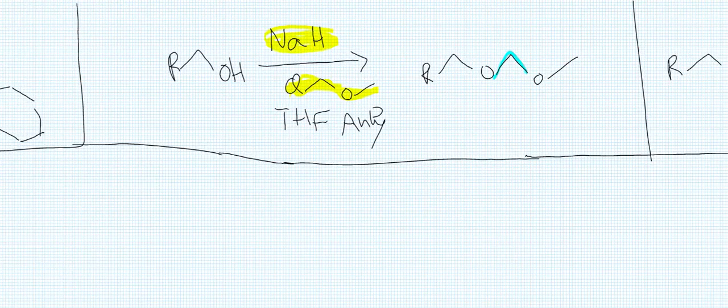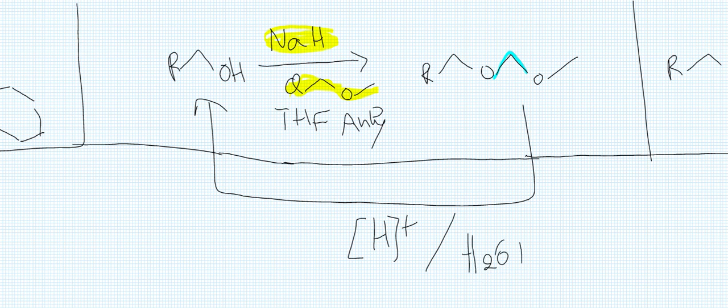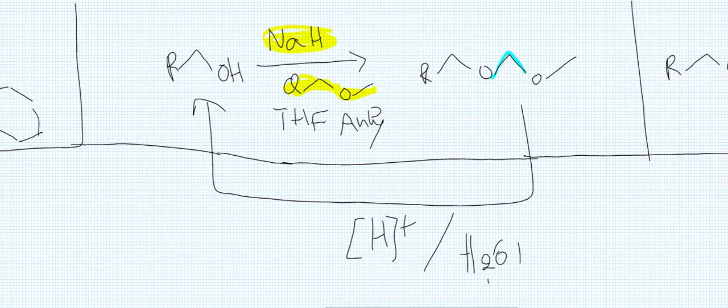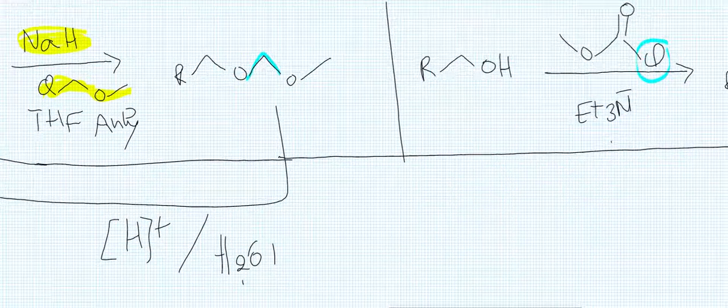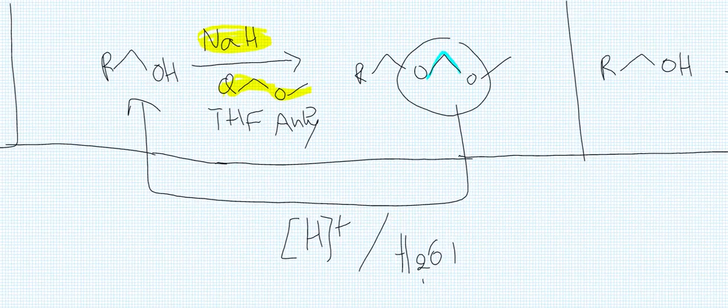It requires H plus, and sometimes when we write H plus, we mean that there is a possibility that a water molecule, or methanol, is needed in the mechanism to attack. Here the same thing, there is another acetal group, so the same thing.